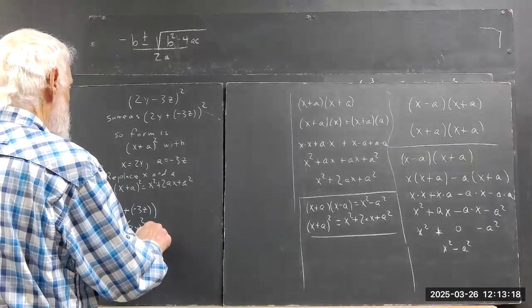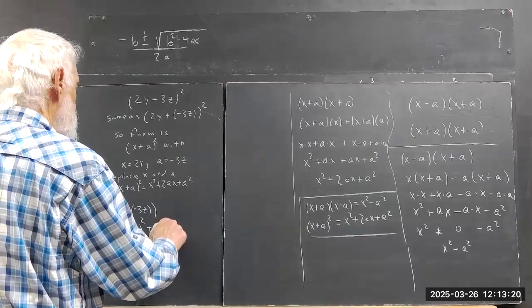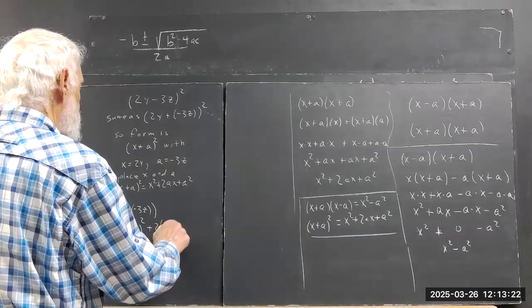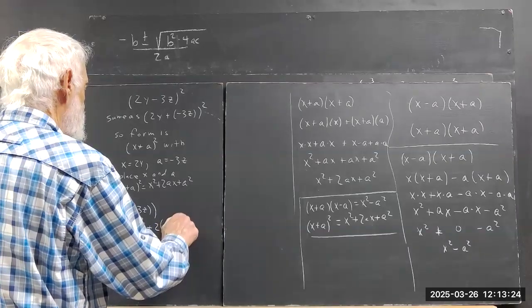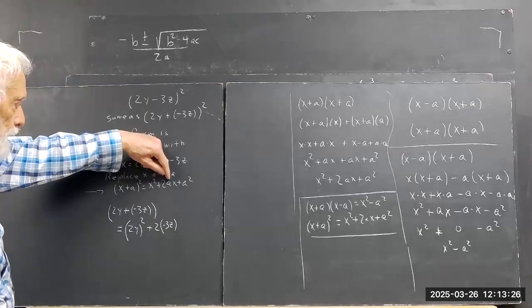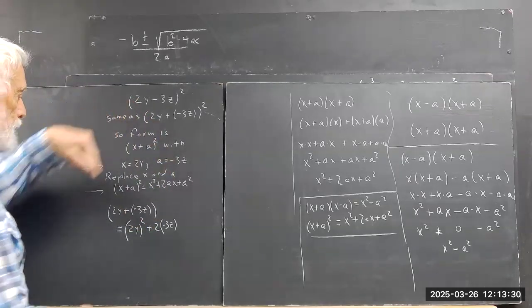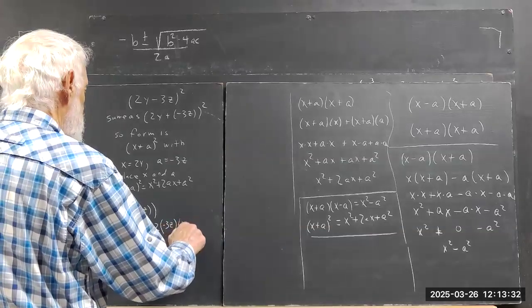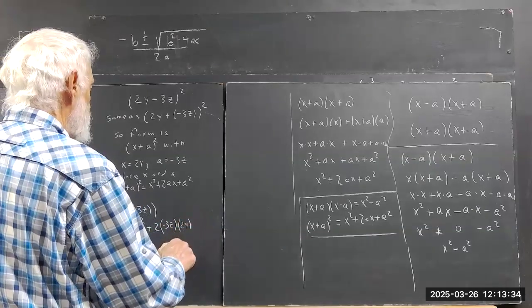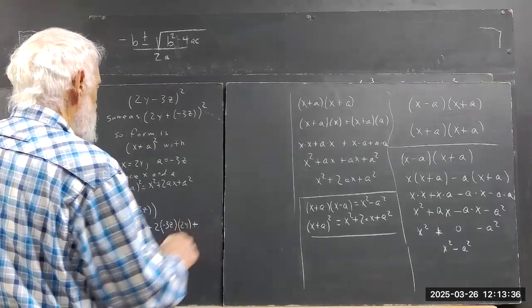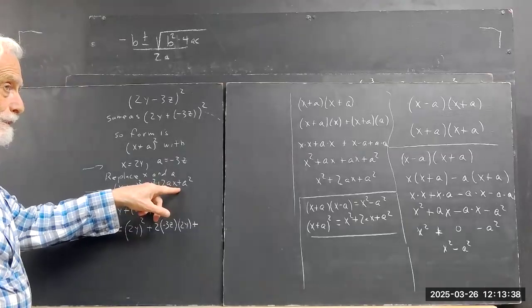Then we've got plus 2 times negative 3z, because we're replacing a by negative 3z. Now we've got an x, and we're going to replace that by 2y. Then we've got a plus sign.